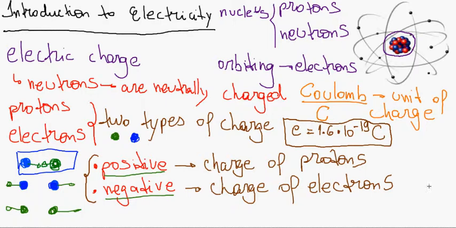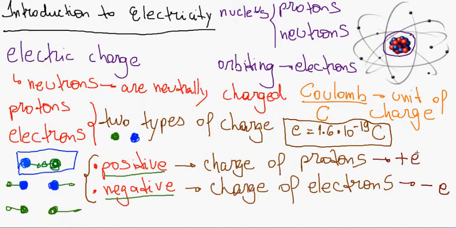So we say that the charge of a proton is positive e, and the charge of an electron is minus e, negative e. So the charge of a proton is positive 1.6 multiplied by 10 to the power of minus 19. The charge of one electron is negative 1.6 times 10 to the power of minus 19.